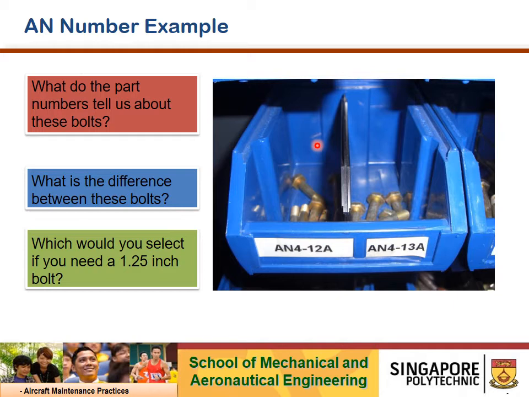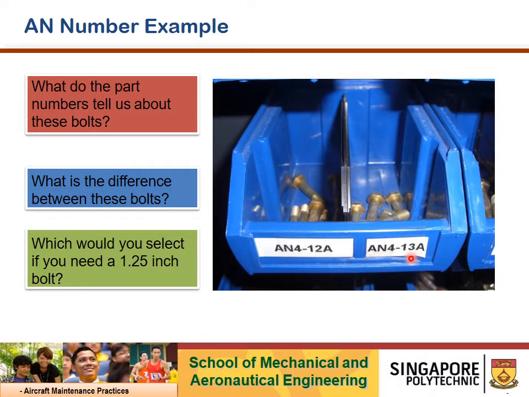Can you identify this? AN4-12A, AN4-13A. Looking at it, both share the same diameter, 4 over 16, which is 1/4. Both materials are the same, which is cadmium plated, non-corrosion resistant steel. The only difference would be the grip length, 12 and 13.